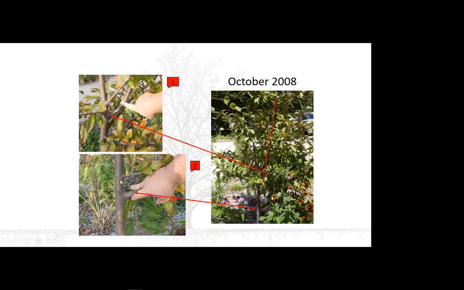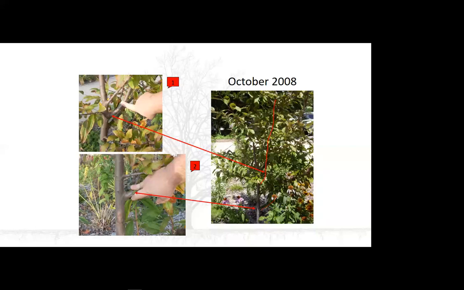Notice the size of this branch relative to the trunk of the tree. This is well in excess of 1/3 the diameter. It's almost the same, so that ratio is almost 1. Up here, we're still looking at a branch that is pretty close to that 1/3 ratio that we want to avoid. The other thing is this was a young tree.